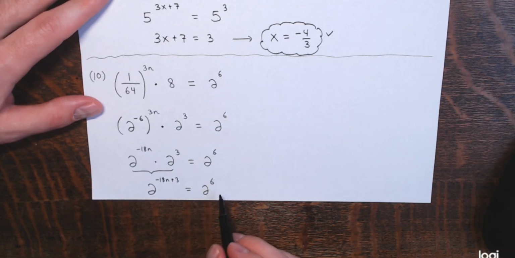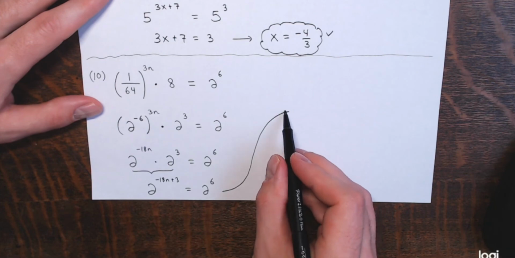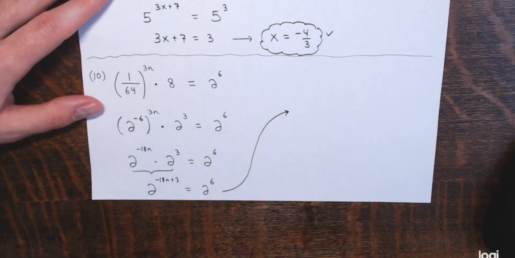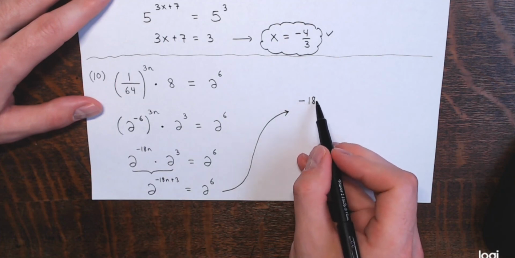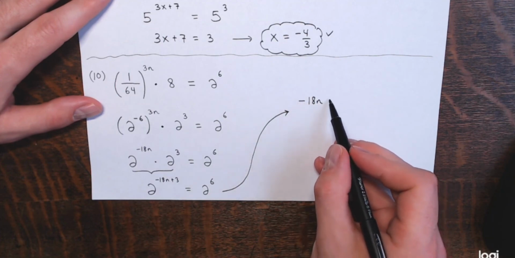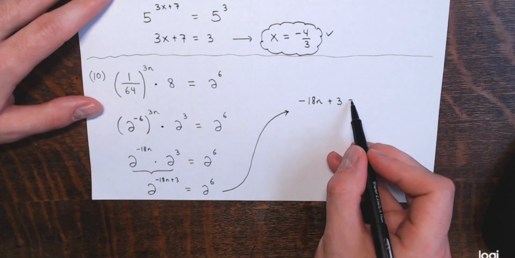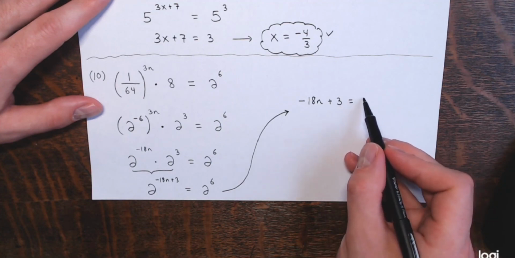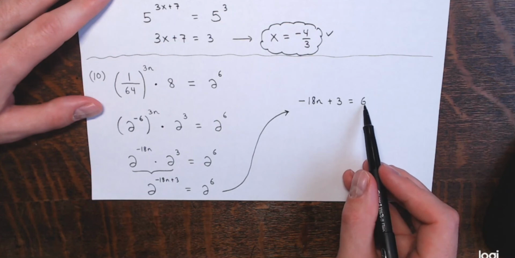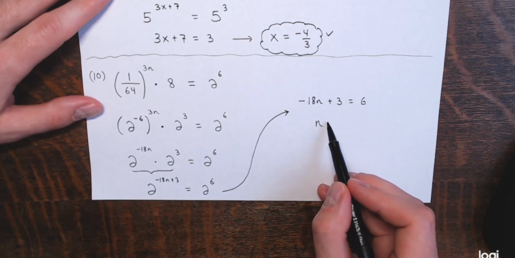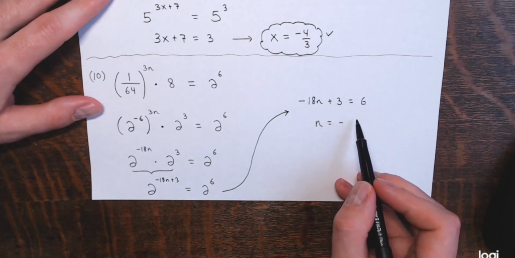And now I have what I want to be able to apply the 1-to-1 property. Both sides are the same base to some power. So the exponents must be the same. Negative 18n plus 3 must be equal to 6. And then I subtract 3, I'd get 3 over here divided by negative 18. N would be negative 3/18 or negative 1/6.